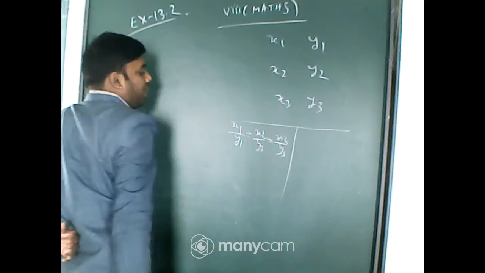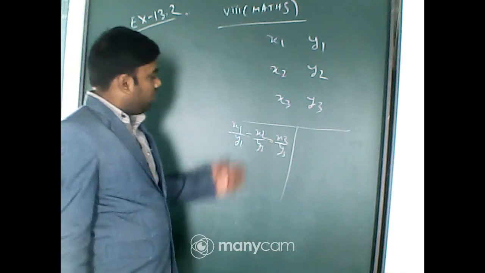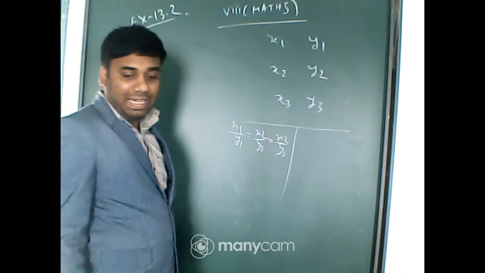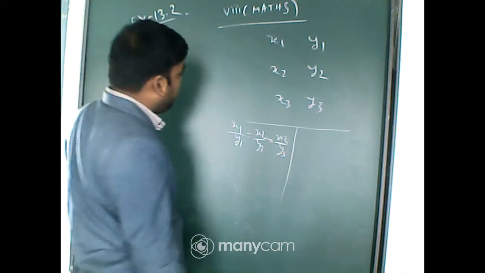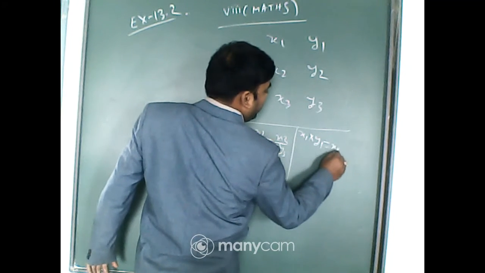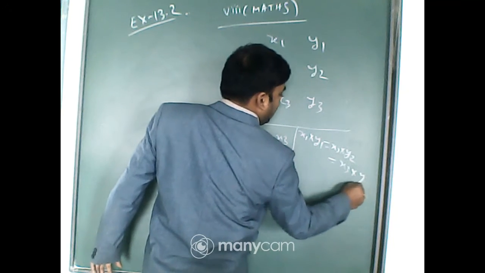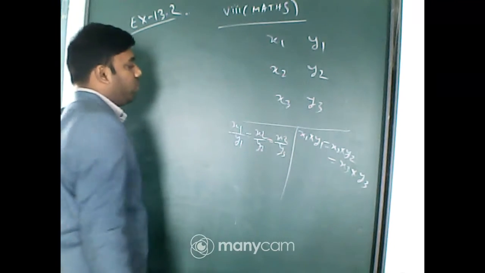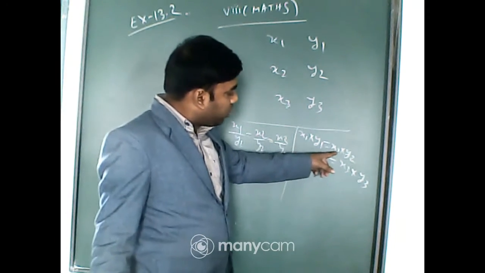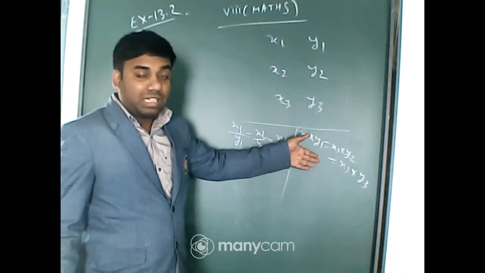That is our concept on direct proportion. And in inverse proportion, it is x1 into y1 equal to x2 into y2 equal to x3 into y3. Okay, these are the formulas. In inverse proportion, we will follow that formula.